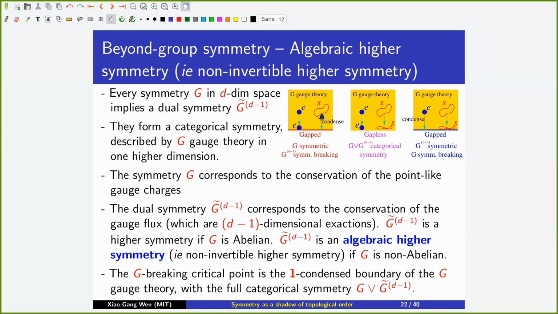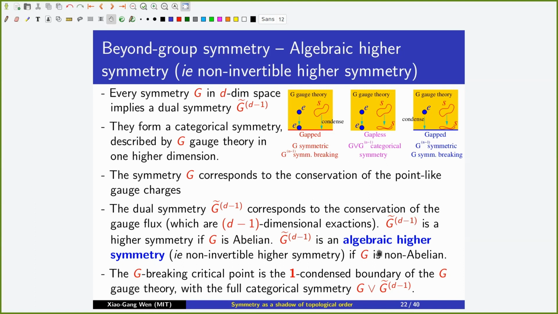This non-trivial fusion means that they have some conservation. There's always a certain conservation law. This conservation law from the gauge flux corresponds to the dual symmetry. And it turns out that this dual symmetry is beyond group. So we call this algebraic symmetry or algebraic higher symmetry. If the charge is a loop, then we call this algebraic one symmetry. If the charge is a point, we call it algebraic symmetry or zero symmetry.